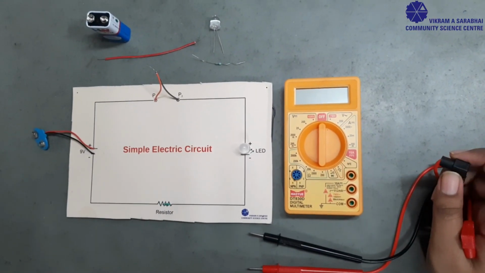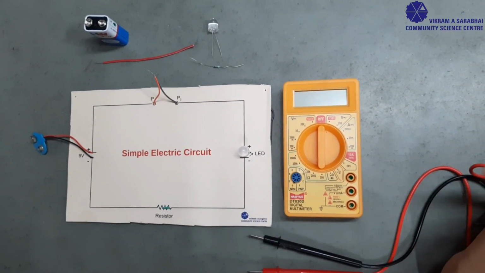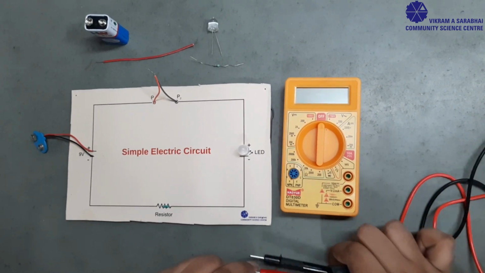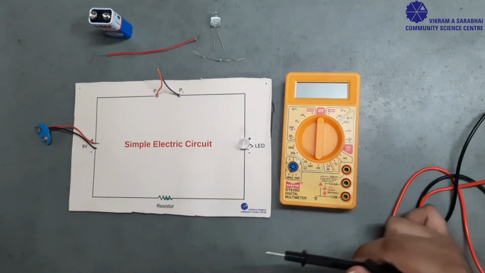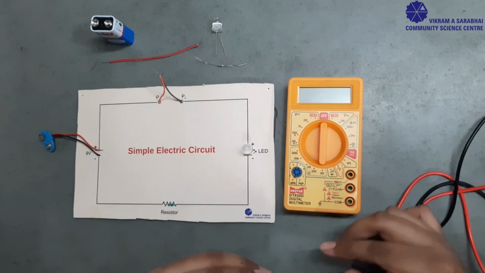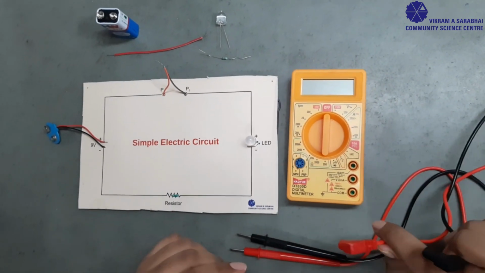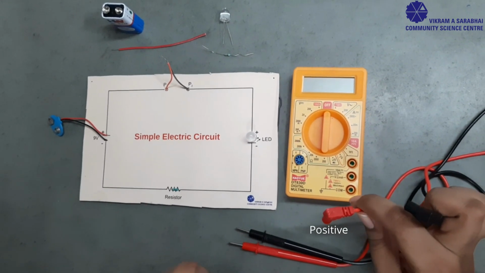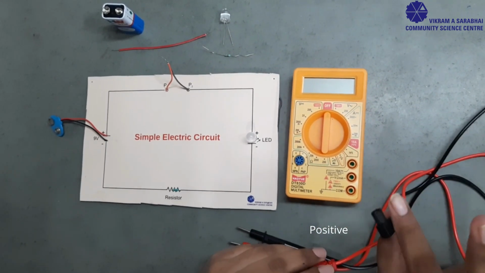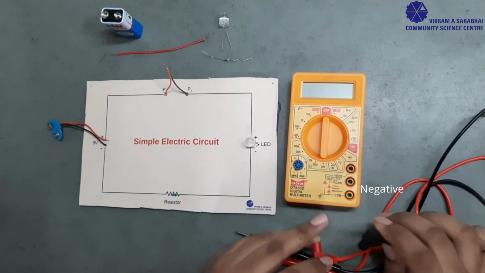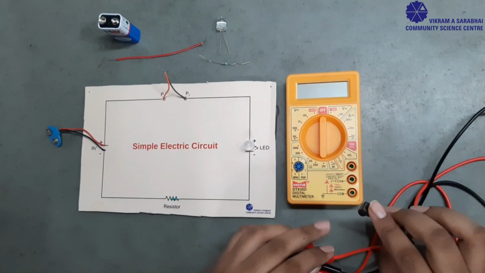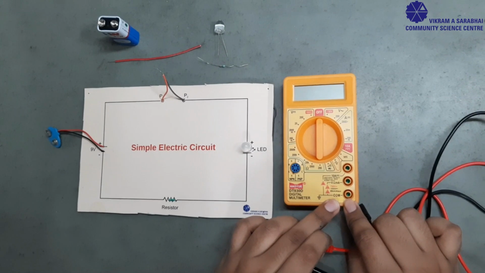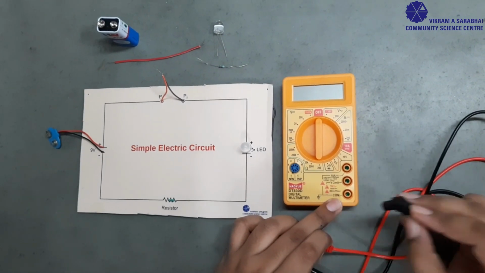Now here we are going to operate my multimeter. To operate it, first we have to connect our probes, across which we will get the outputs. This is my red probe and this is my black probe. The red probe is always used for positive and the black probe is always used for negative. So I am using this black probe, and in the common port we always connect negative.